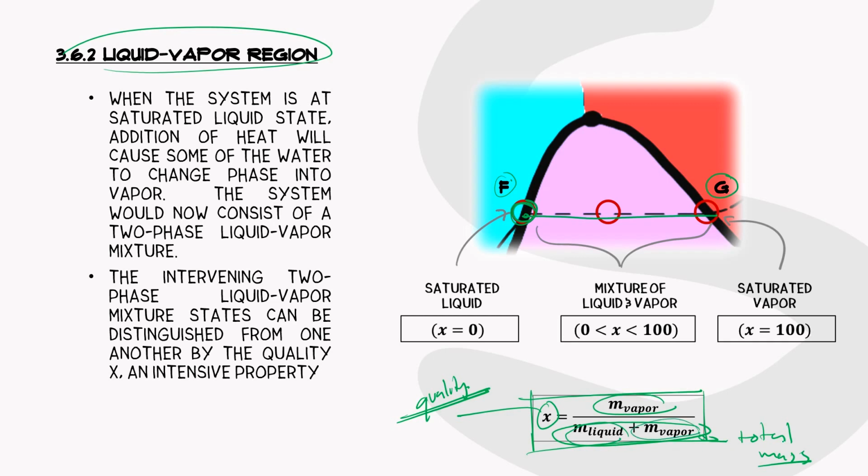So the quality at point F, the saturated liquid, is equal to 0. And at point G, the quality of the water vapor is 100%, or if not in terms of percent, just 1. That means all the substance is in the vapor state already, and in between is a mixture, as I've said. Therefore, the range of this quality is between 0 and 100.